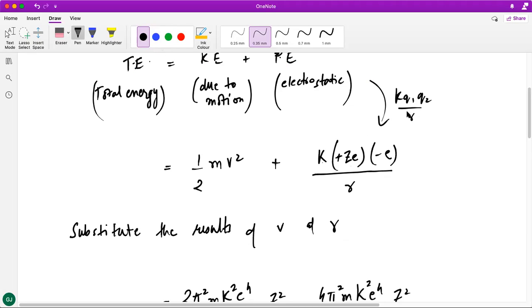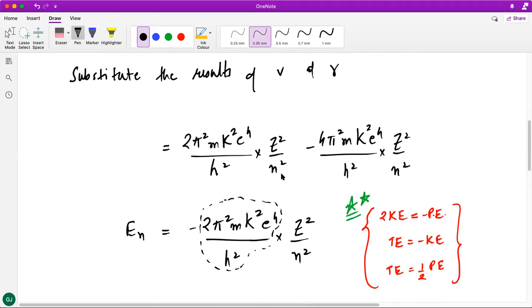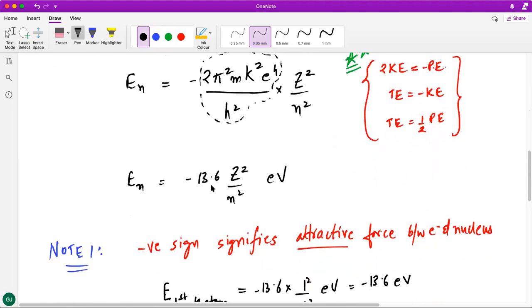The nucleus was positively charged, the electron was negatively charged, so you put that right over here, and then you simplify the calculations and you get the results of energy of electrons. Now these energies of electrons come with a negative sign, and this negative sign does not mean any negative energy. It will signify attractive force between electron and nucleus.